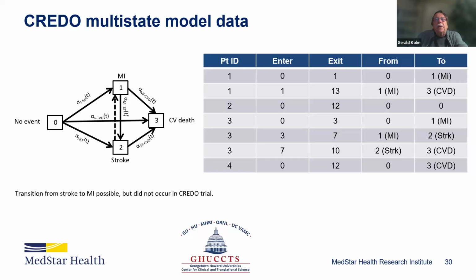So I want to talk a little bit about the way that data would be entered, regardless of the statistical package you use. The way that you enter data is that you might have multiple observations for any given patient. For example, patient one enters at time 0 and exits at 1 month, and from 0 to 1 has a non-fatal MI.